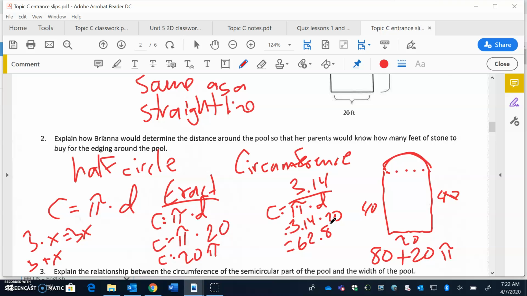And then when you go back, since we know that that's your distance there, we could add it on to your 80. So in this particular case, you would do your 80 plus your 62 and 8 tenths. And that would end up giving you 142 and 8 tenths.